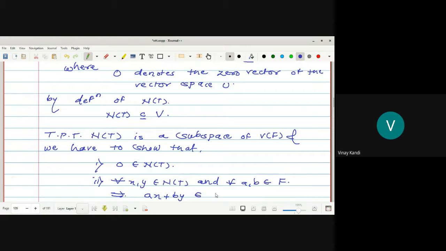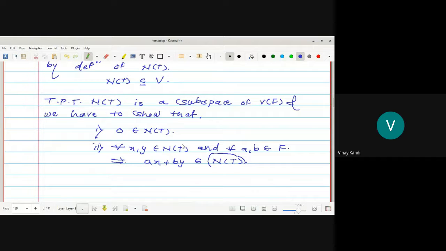This is the necessary condition of a vector space. If x and y belong to N(T), and a and b belong to F, implies ax plus by belongs to N(T), then N(T) is automatically a subspace, that is, a vector space. Any doubt up to here?